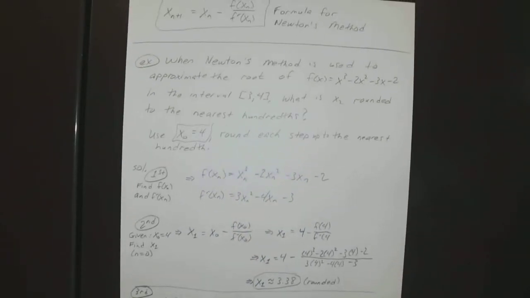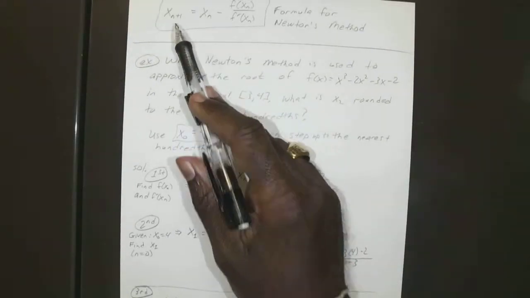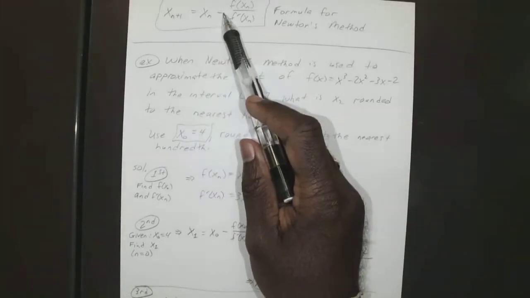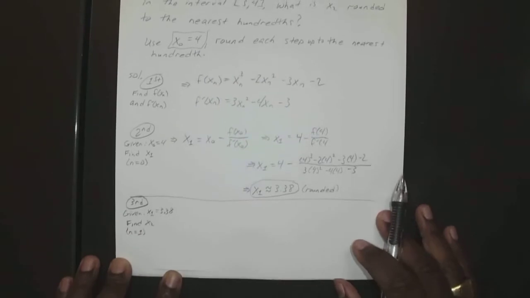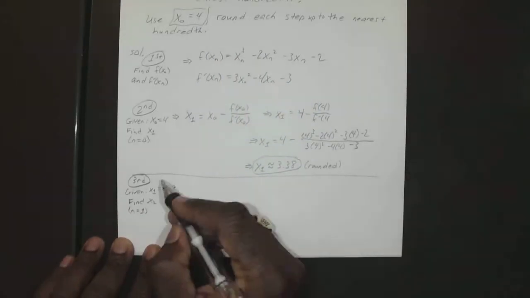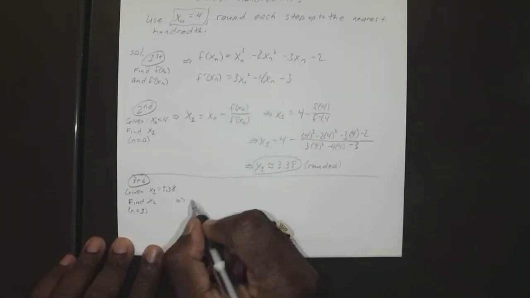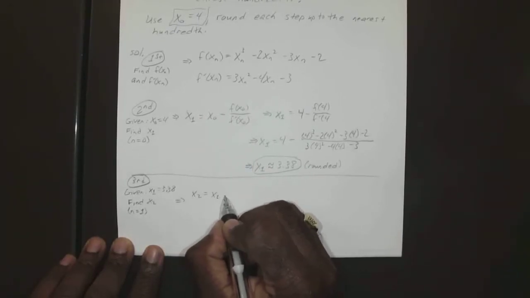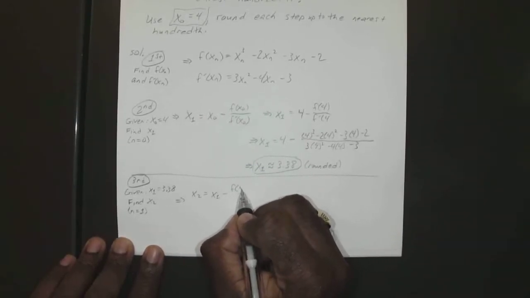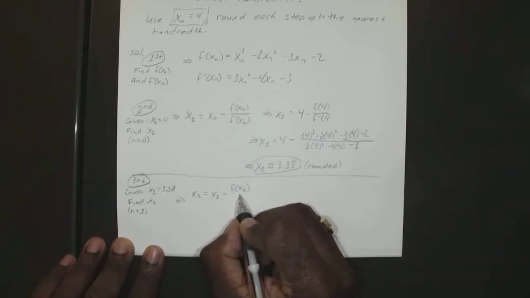Okay, so if we make n equals 1, that gives us our x2 equals x1 minus f of x1 over f prime of x1. So x2 equals x1 minus f of x1 over f prime of x1.